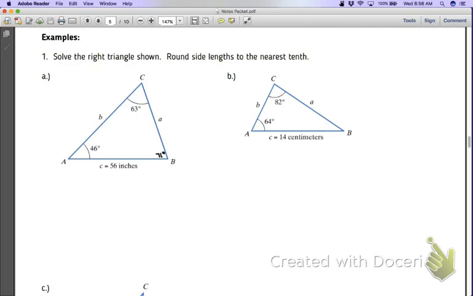Whenever you set this up, it does not matter to me if you want to go A over sine of 46 degrees equal to B over sine of 71 degrees. And then we know that C is 56 over sine of 63 degrees.